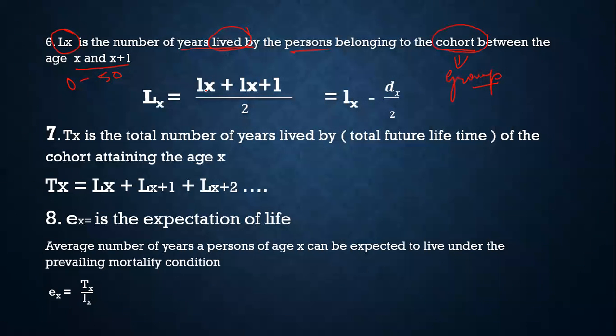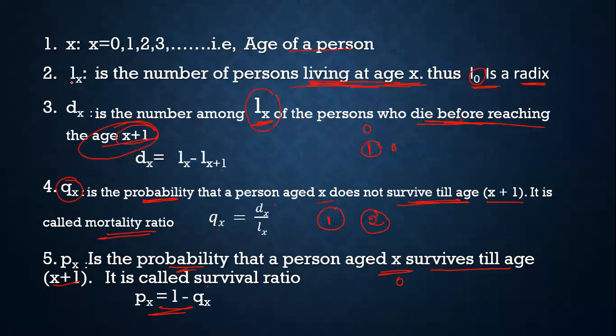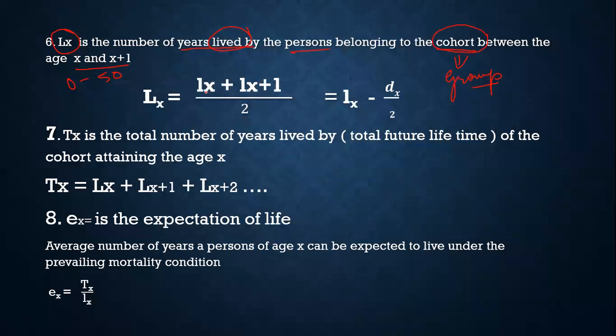Now small LX is considered. What is small LX here? Small LX is the number of persons living at the age X, so that has to be considered here, LX plus 1, divided by 2, in the bracket here.